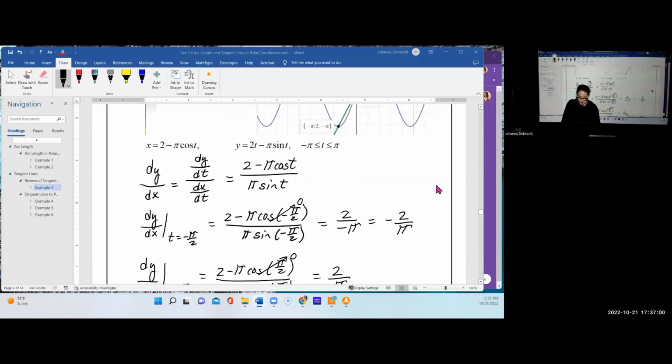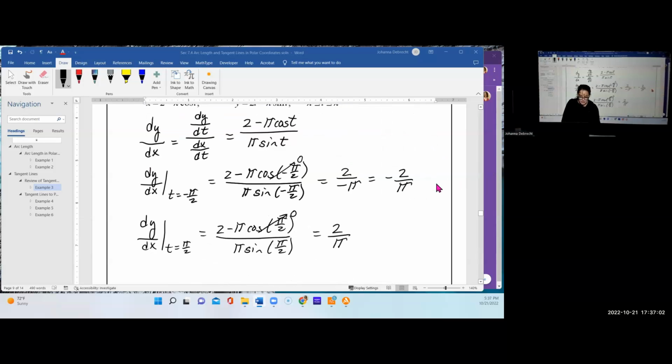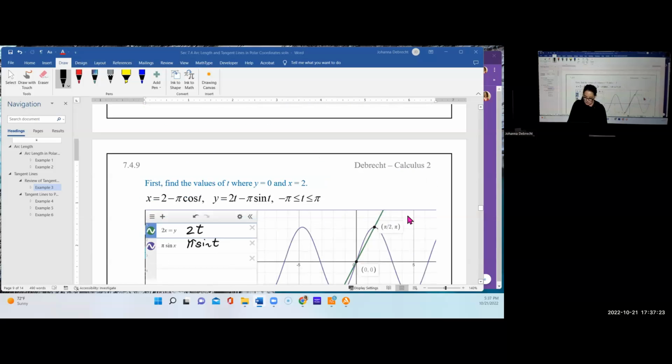So I plugged each of those two values into the formula that gives me dy/dx, the slope of the tangent line. And I got negative 2 over pi when t is negative pi over 2, and 2 over pi when t is equal to pi over 2. So we have two slopes, negative 2 over pi and 2 over pi.